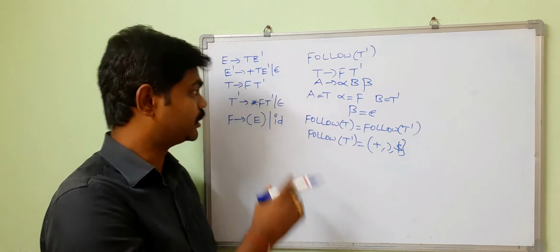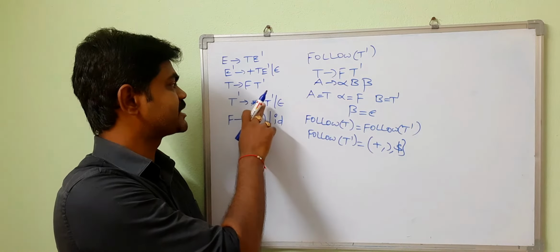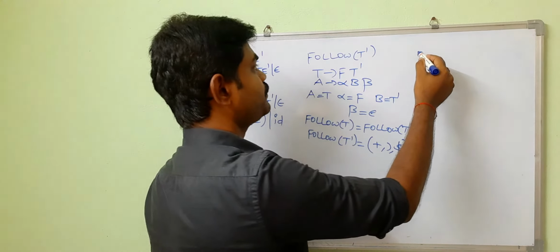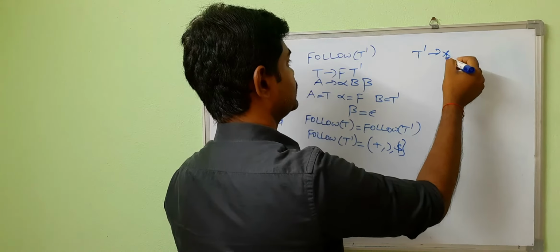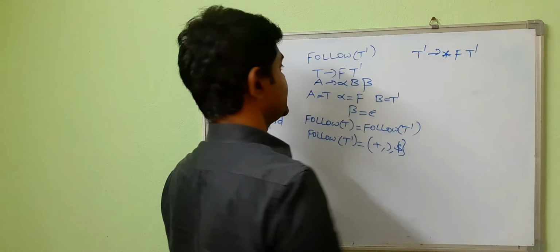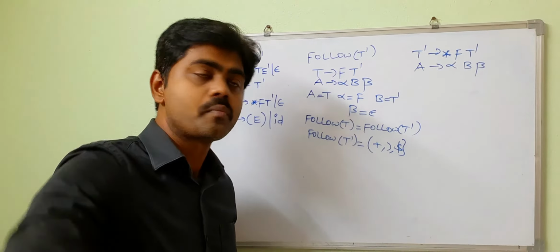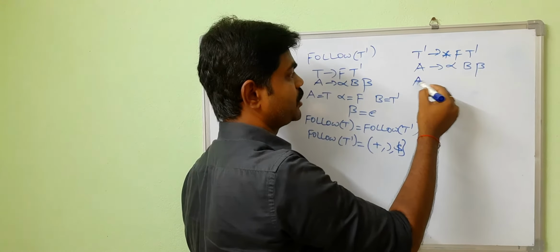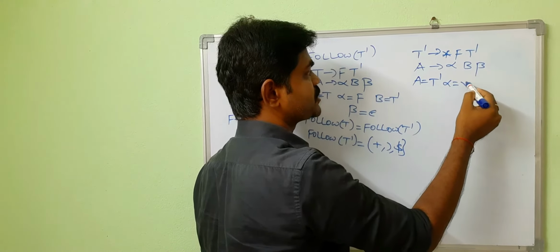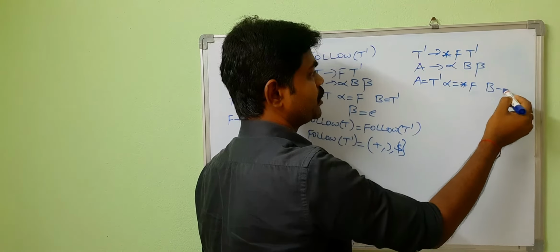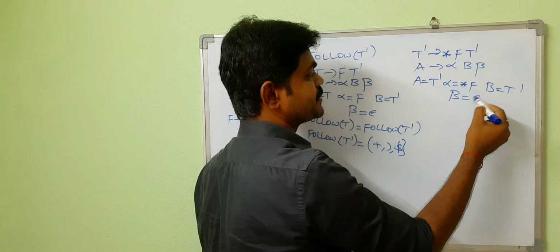Are we done? No. We have another production, T dash tends to star F T dash. So A equal to T dash, alpha equal to star F, B equal to T dash, beta equal to epsilon again.